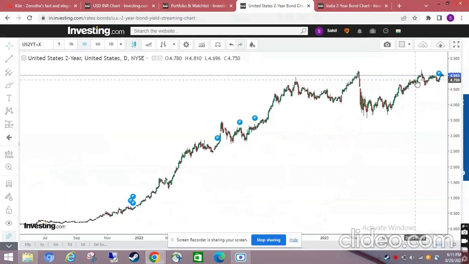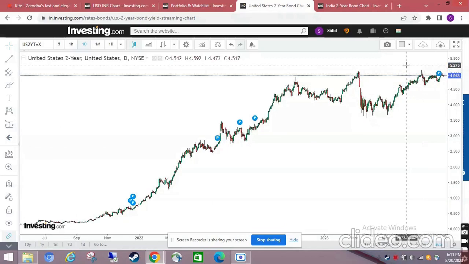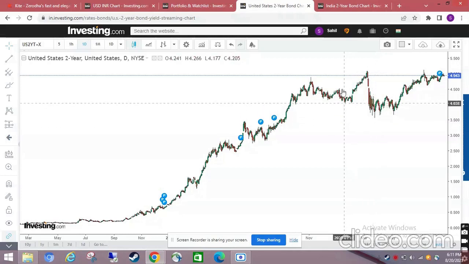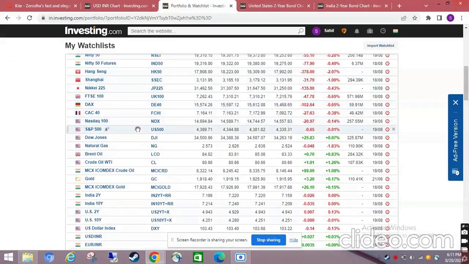You can see the bond yield is trying to go up, so people are predicting the interest rate to go up, which can again cause a lot of problems for our currency. So again, I'm very bullish on that as long as all of these factors are indicating a very large up move in our currency.